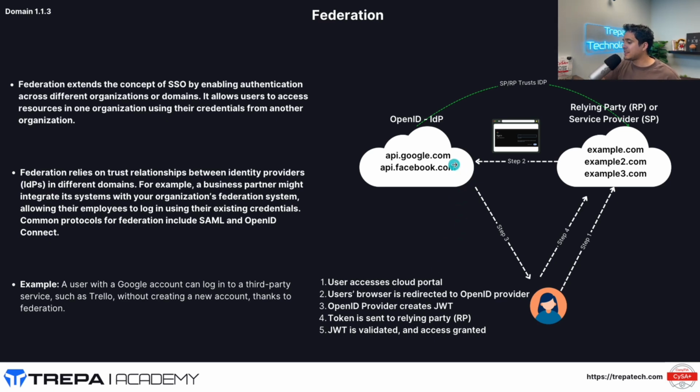So once we authenticate to that IDP, after being redirected from our relying party or service provider, they're going to send that JSON web token back down to us. That token is then sent back to the relying party, and then that token is validated and you're granted access. And then OpenID will allow authorization, but that's not always the case. This is straight up authentication, right?